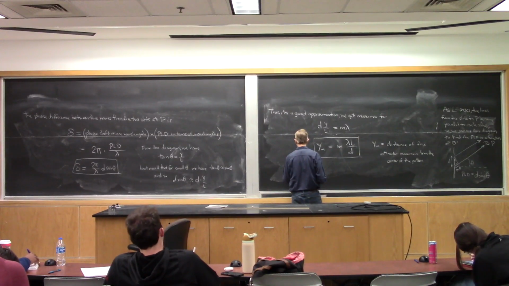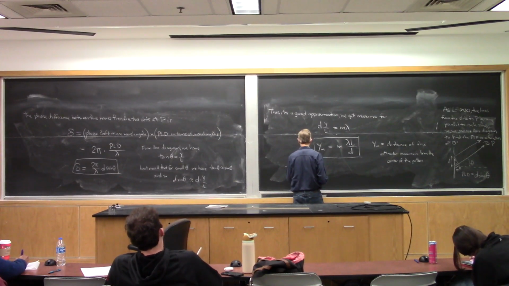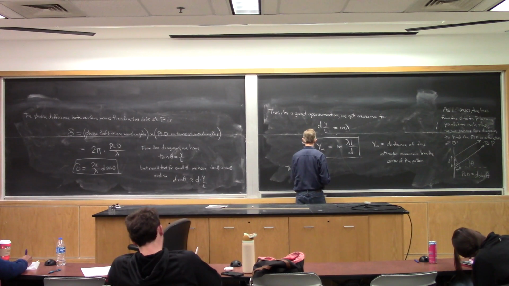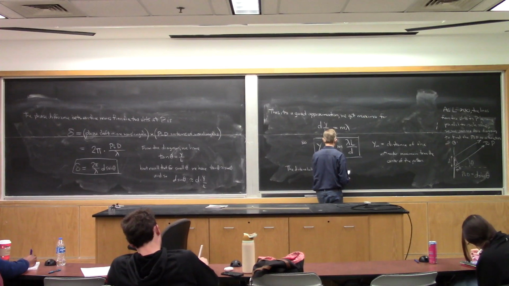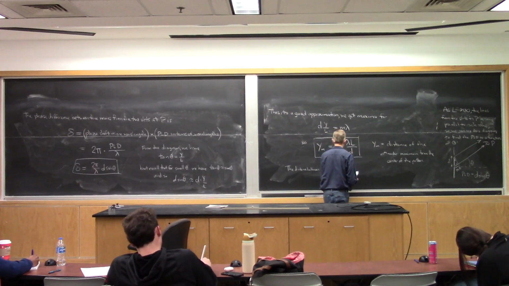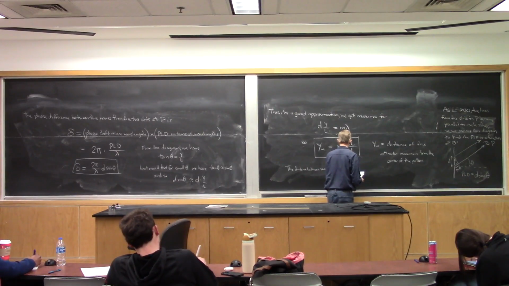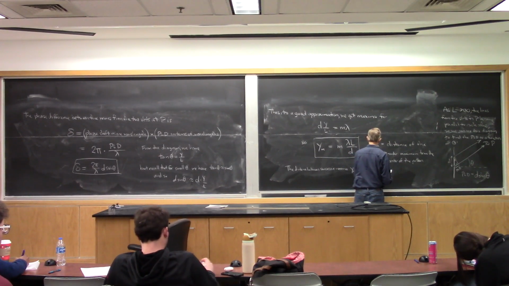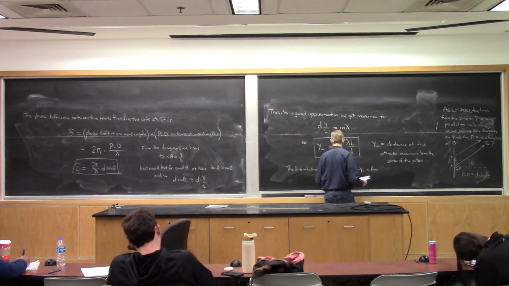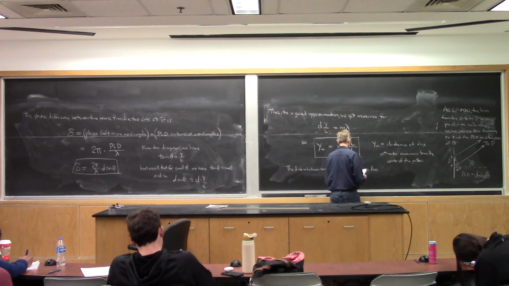the distance between successive maxima, y sub m plus 1 minus y sub m, why, that's delta y equals lambda L over d.